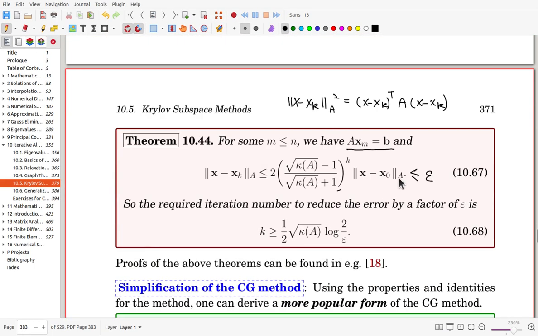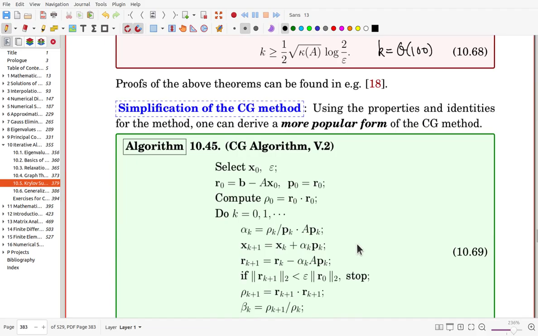For that problem, k is of order 100 because the square root of 10,000 is 100. So the iteration count required for solving the problem is way smaller than that of the gradient descent method. So it's way faster. But in any case, after m iterations, the method should converge completely.